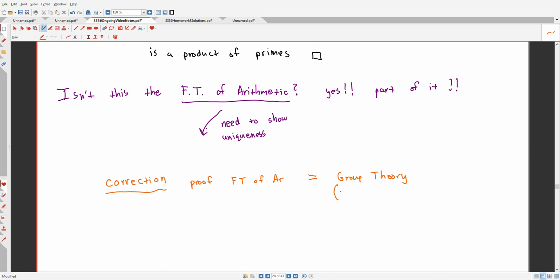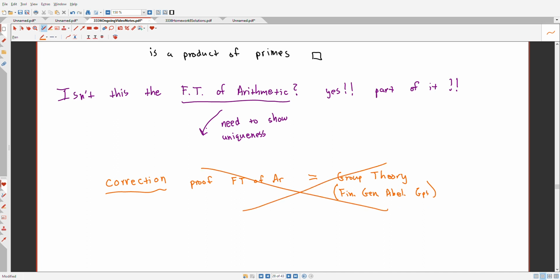There's a fundamental theorem of finitely generated abelian groups that uses this theorem or includes this theorem. But I think I said last time that usually we wait to prove this until the group theory class. That's not necessarily true. You might use this theorem as part of this group theory proof, but you certainly don't have to wait and see it. So let me just put a big X there.